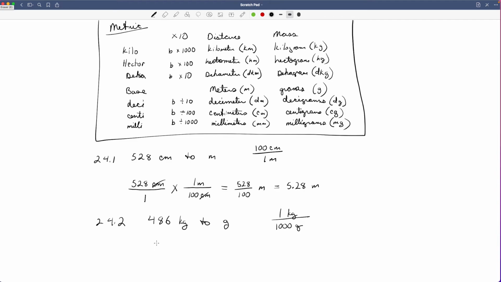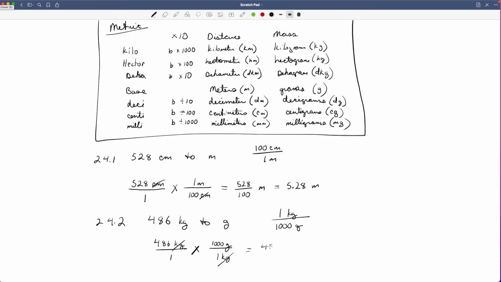All right, so now we're going to convert. We're going to say 486 kilograms over 1 times, we're going to put kilograms in the bottom, so 1,000 grams over 1 kilogram. We cancel the unit of measure, which means 486 times 1,000.